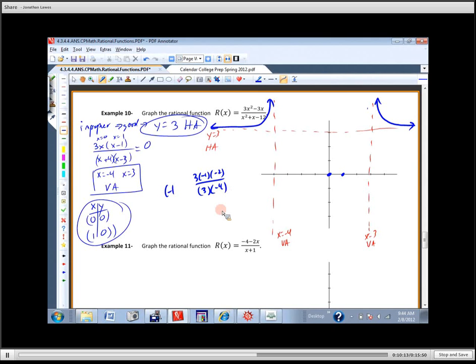Is that all right? So I've got a positive 6 on the top and a negative 12 on the bottom, so it's negative 1/2. So right here, it's negative 1 comma negative 1/2.